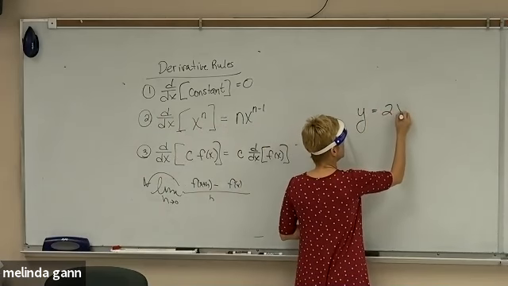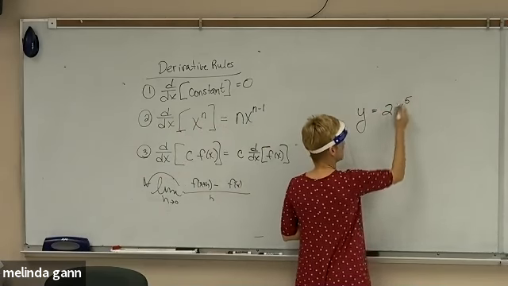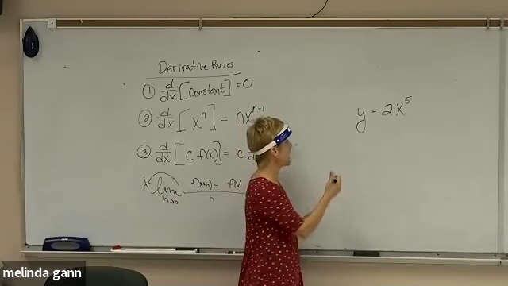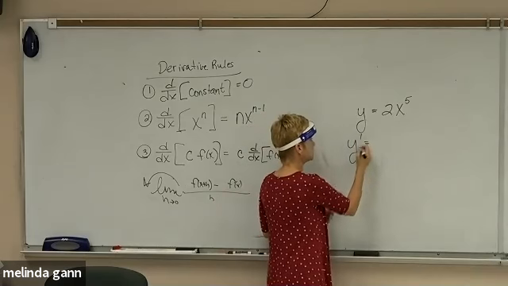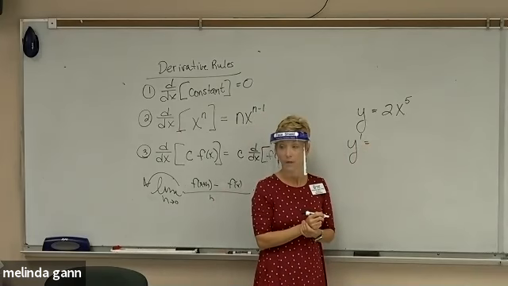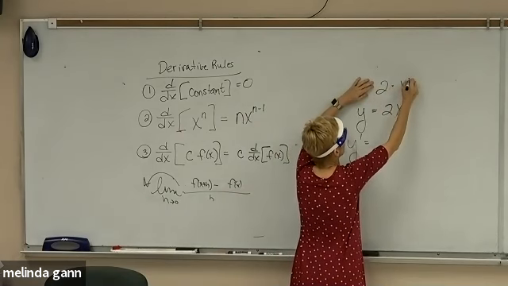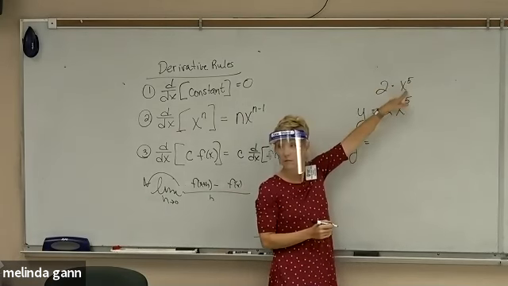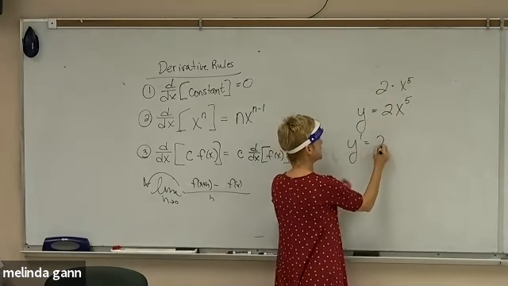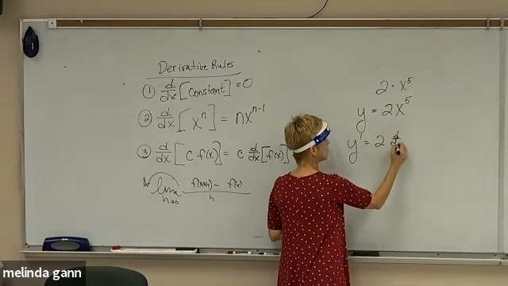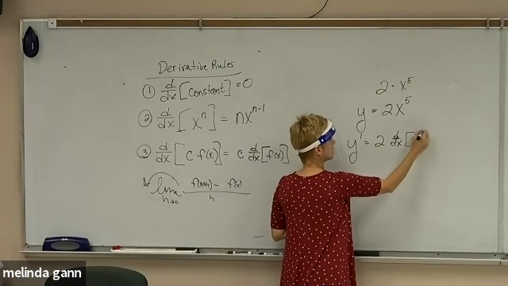Y equals 2x to the 5th, instead of just x to the 5th. And I want the derivative. Do you see that that's 2 times a function? So what I'm really doing is taking the 2 and pulling it out, and then I'm taking the derivative of the x to the 5th.